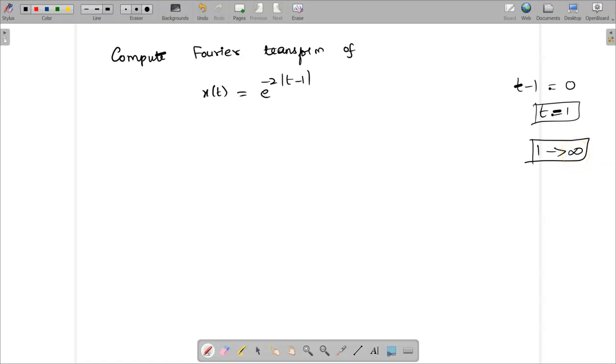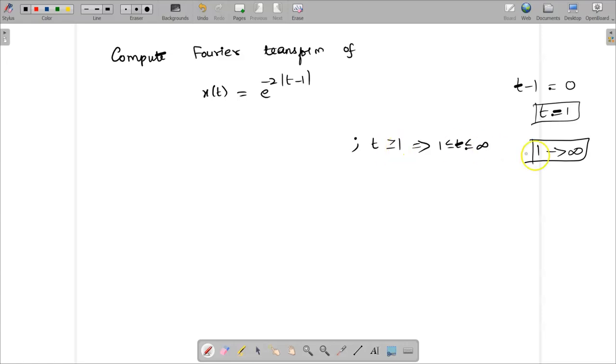So one limit is t greater than or equal to 1, meaning that t varies between 1 to infinite. Since they have given modulus, the positive side we have considered, similarly we have to consider the negative side also.